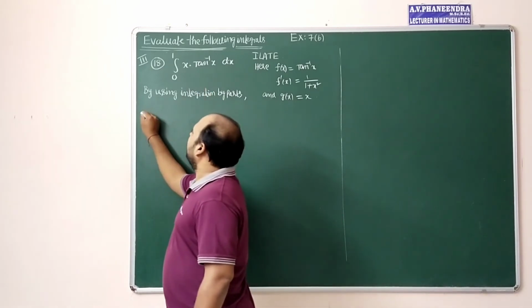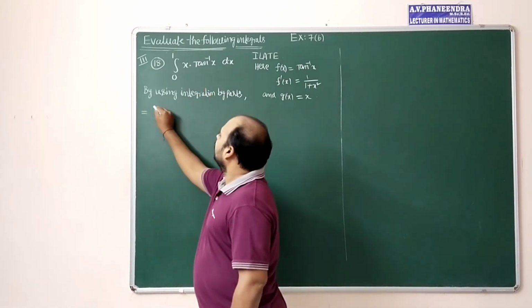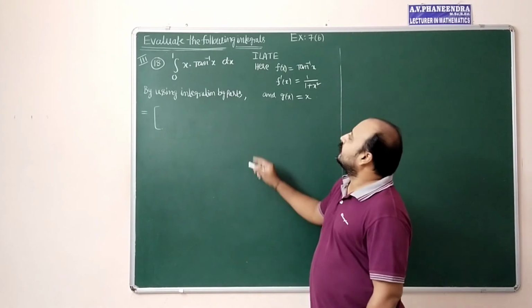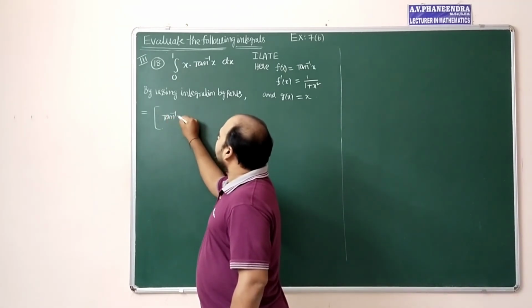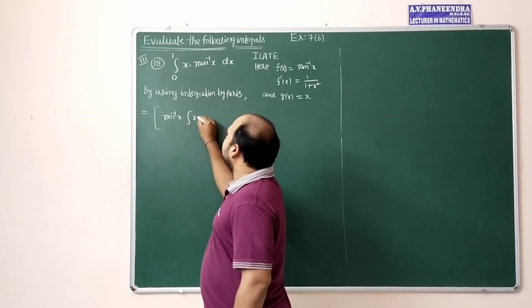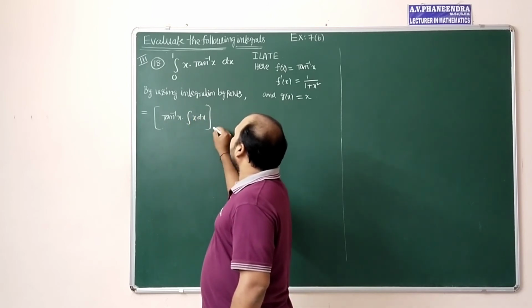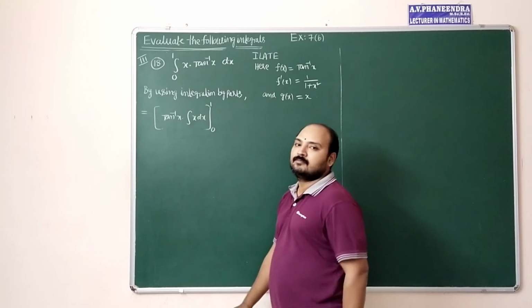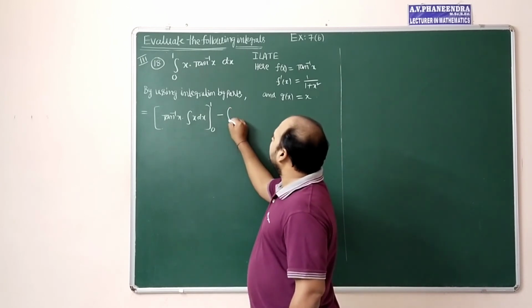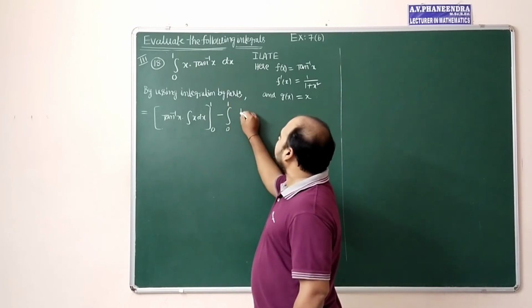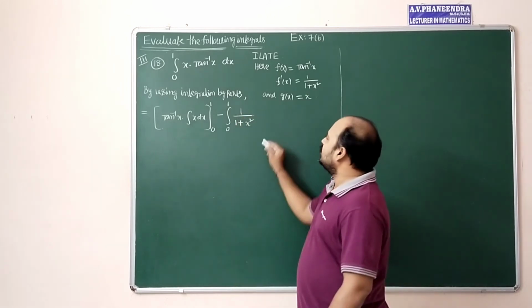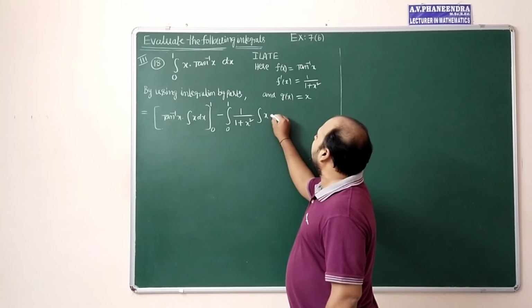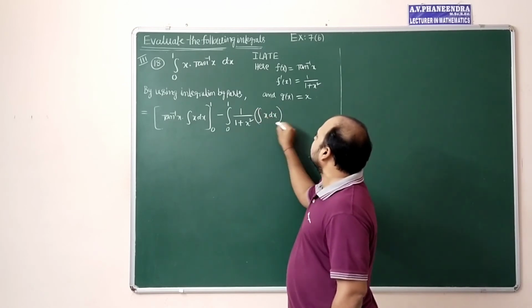the given integral will become first f of x into, that means tan inverse x into integral x dx, applying the limit 0 to 1 minus integral 0 to 1 f dash of x, 1 by 1 plus x square, into integral g of x, integral x dx, whole dx.